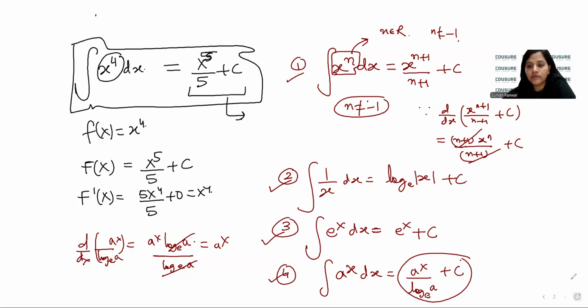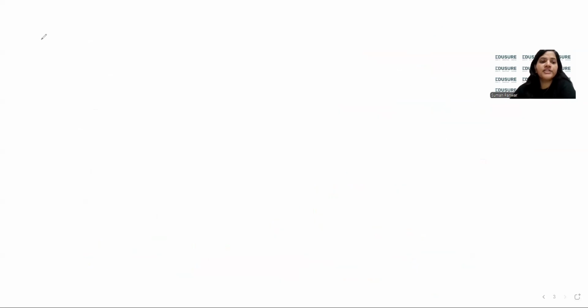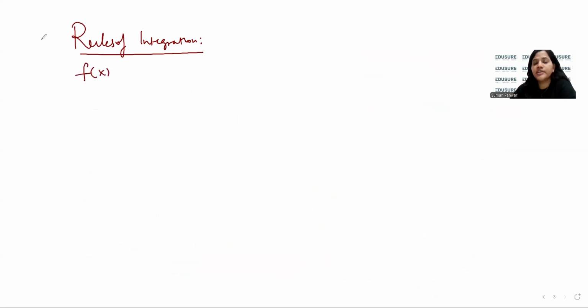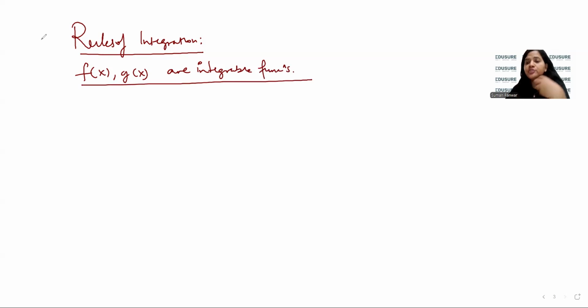Now, some rules of integration. Okay. So we know that if f(x) and g(x) are integrable functions. So basically, first of all, functions have to be integrable. What does it mean? It means that we should be able to find an indefinite integral.